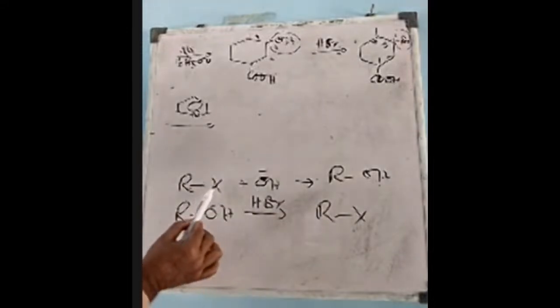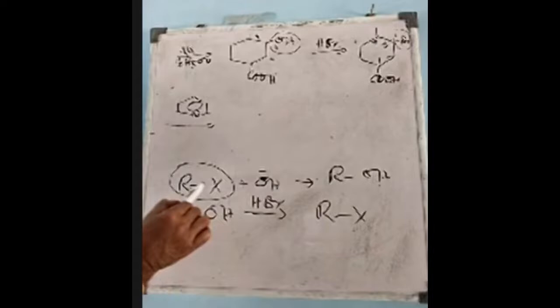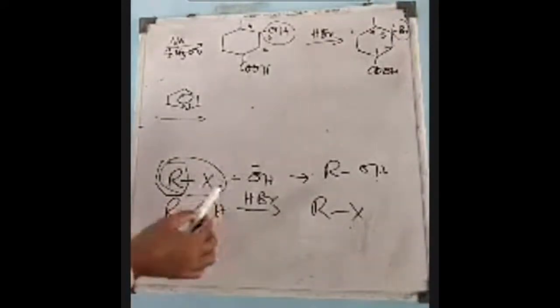So now here you see one thing: an alkyl halide, where a halogen is attached to the alkyl group, may be open chain or it may be a cyclic compound like this one. Actually what is happening? The X that is here is replaced by this one. It is substitution, but along with substitution, if you consider nucleophilicity and basicity, the base is stronger.